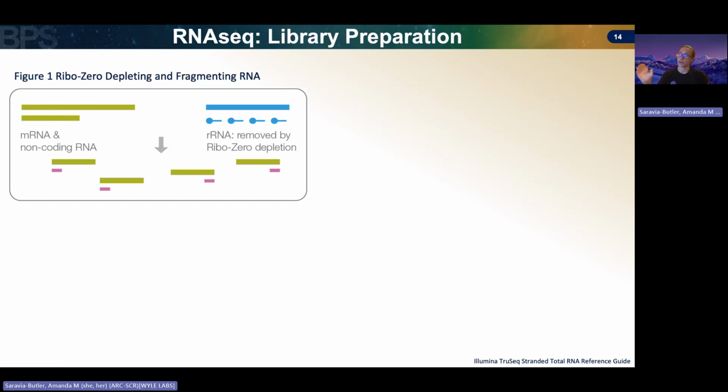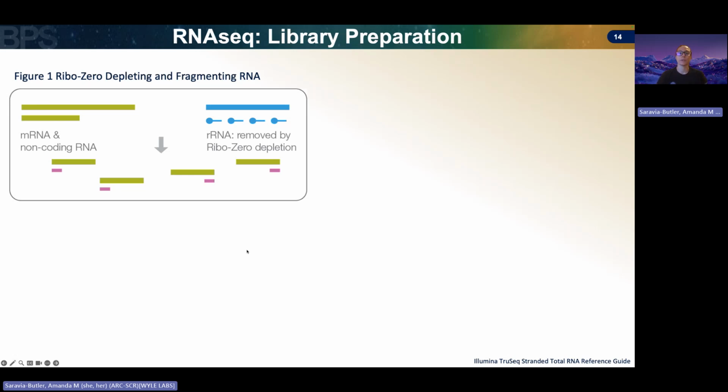And so we're left with all other RNAs in this example. And also importantly, we are going to have to chop up our RNA. This is again because we are doing short read sequencing. And so we want to make sure that our RNAs are in the fragment size that we're ultimately going to want to sequence on the sequencer.